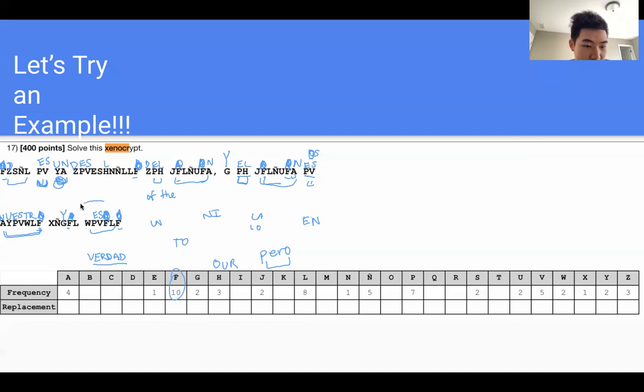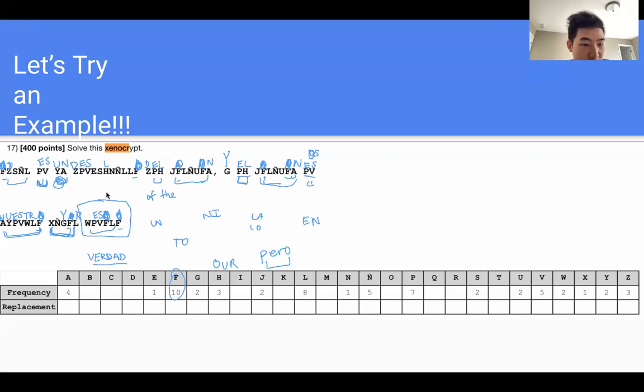But this, in my mind, is the noun because I can kind of see what this word is, but I don't want to give it away. But if we end in YOR, maybe that makes things a little bit clearer. This is also kind of a cognate. I mean, not really, because it doesn't mean exactly what it looks like, but it's kind of similar. You can tell what it means after you read the word.